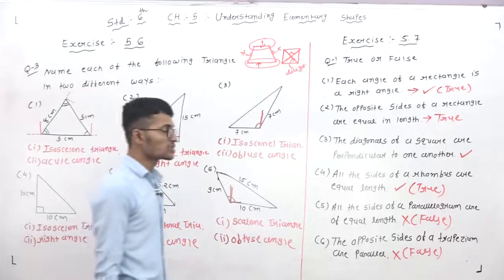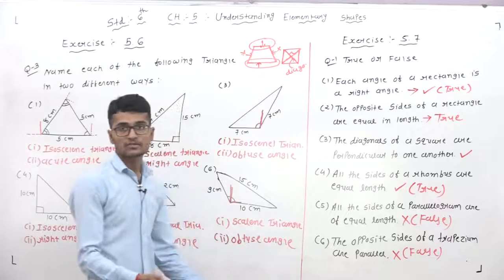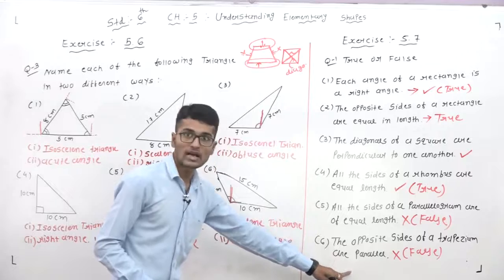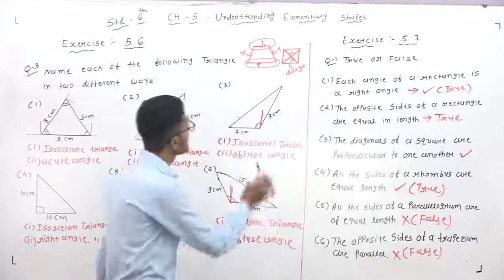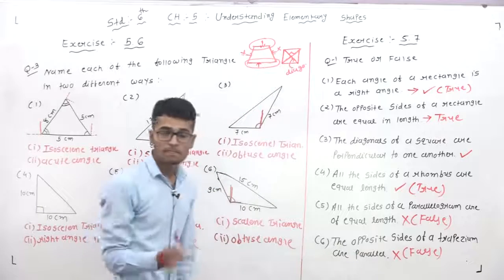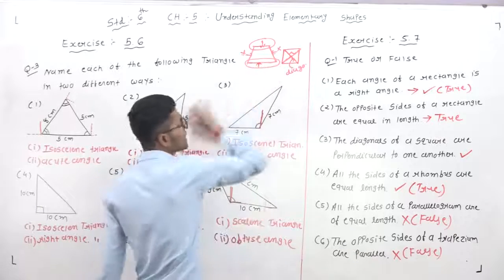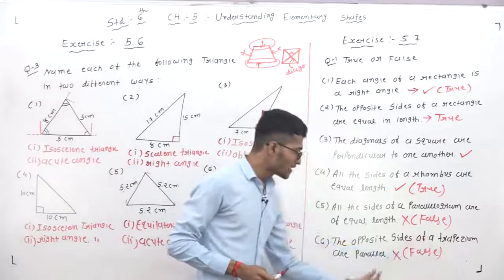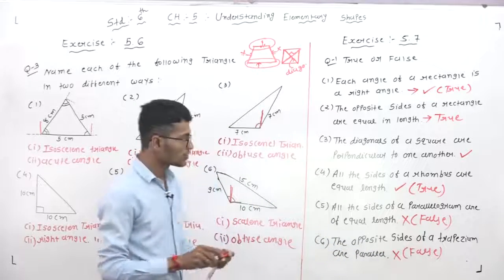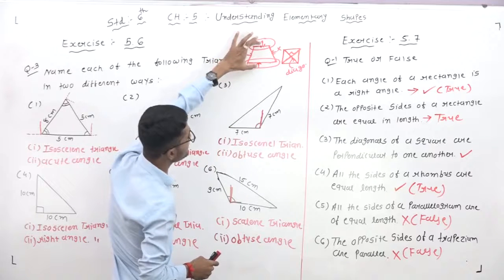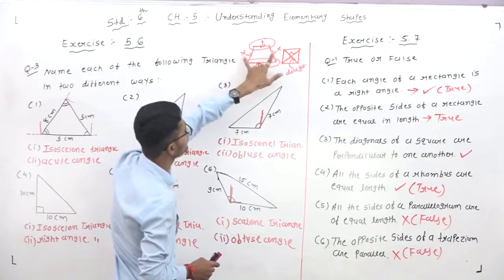But here it is not classified which sides are parallel. So the answer is wrong, it means false. If your answer is that the two opposite sides are parallel, they are called the bases, and the others are the non-parallel sides. So the statement that the opposite sides of a trapezium are parallel is false. Why? Because in a trapezium these two sides are the same and these two sides are not.